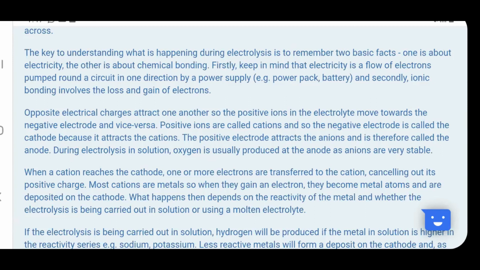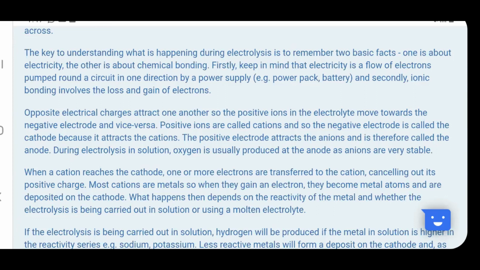During electrolysis in solution, we said oxygen is usually produced at the anode and anions are very stable. Let's move on. That's the third paragraph there. When a cation reaches the cathode, one or more electrons are transferred to the cations, because they're fighting to see who is going to be preferentially discharged first, canceling out its positive charge.